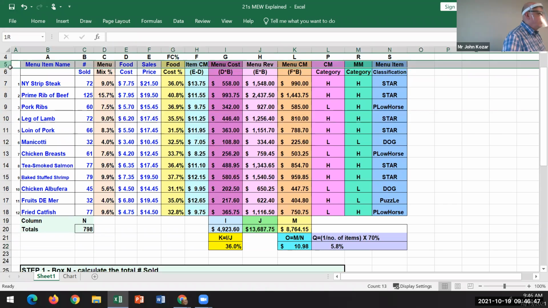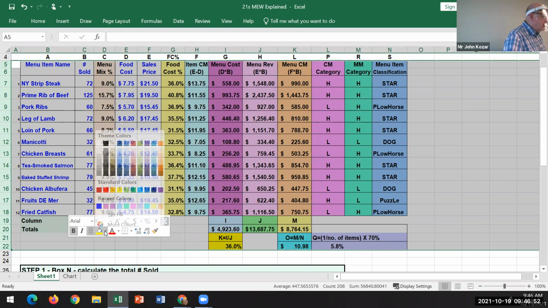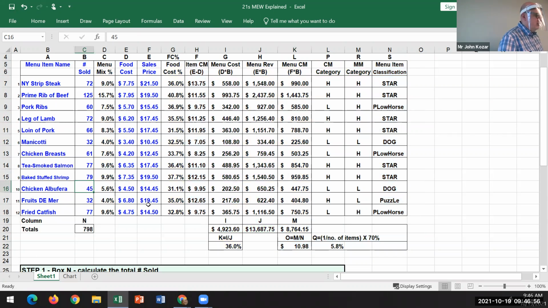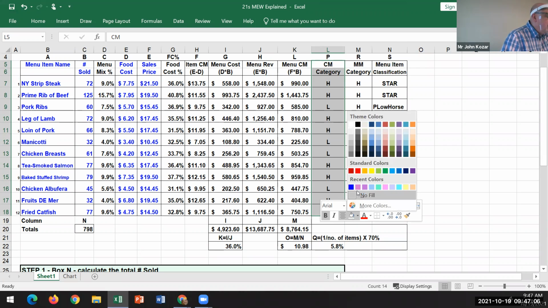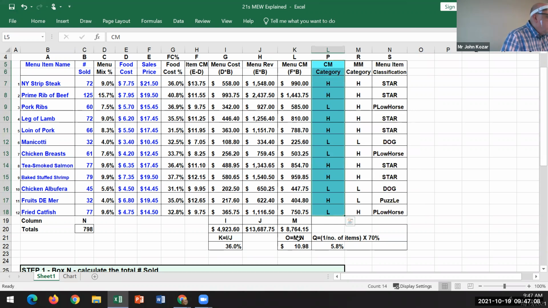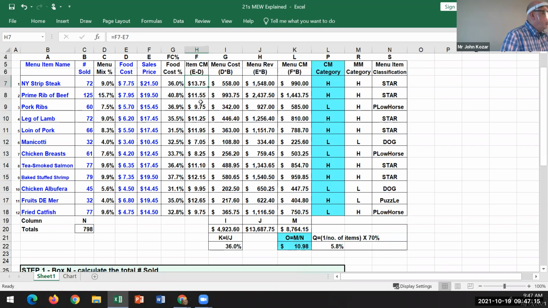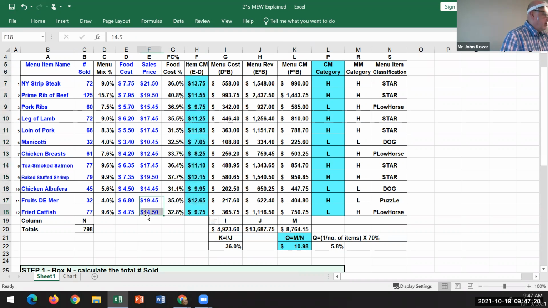So I'm going to get rid of all of the colors. And we're going to look at contribution margin category. So we'll look at our average contribution margin and compare it to each item's contribution margin.